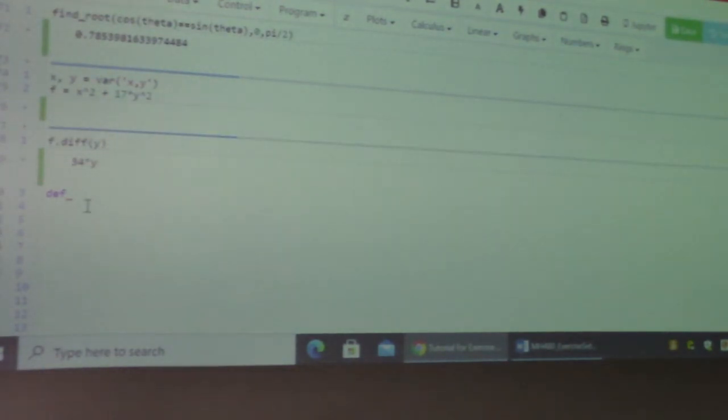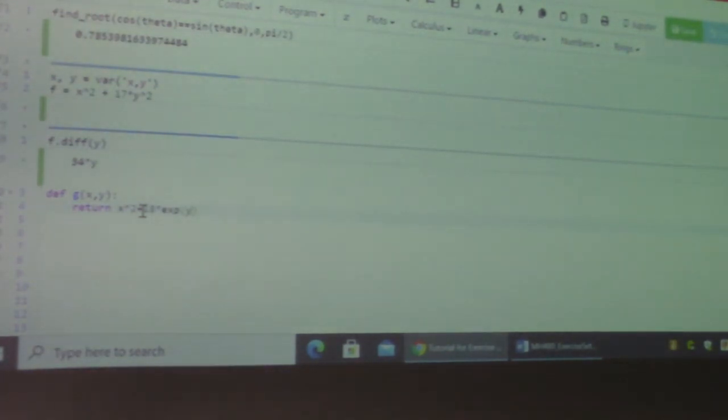I already have x and y made variables, so just say g of x comma y, return x squared plus 18 times exponential of y.